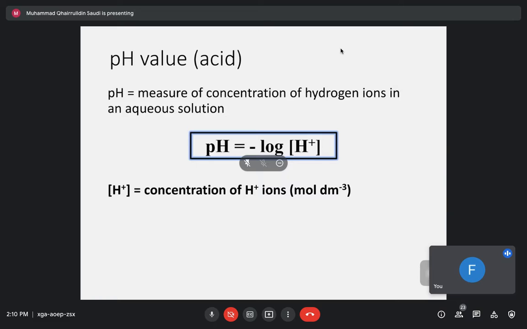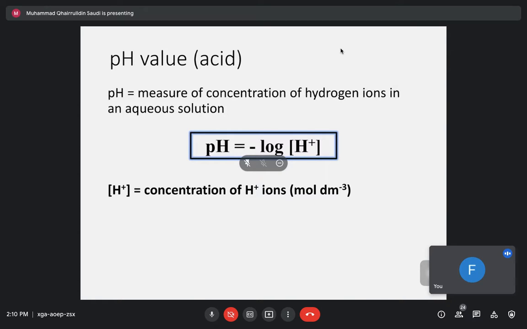Alright, good. So pH value, what is the meaning of pH value? So this is the next definition that you should know. Okay, before this dalam topic acid and bases, you already know three definition. You should know definition of acid, definition of base, and definition of alkali. So now kita tambah lagi definition that you should know in this topic, iaitu definition of pH value.